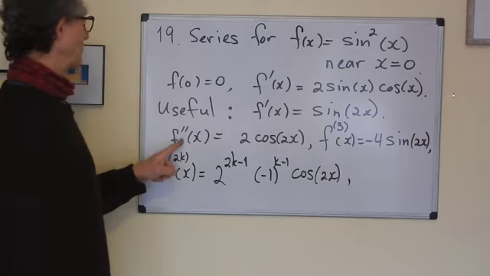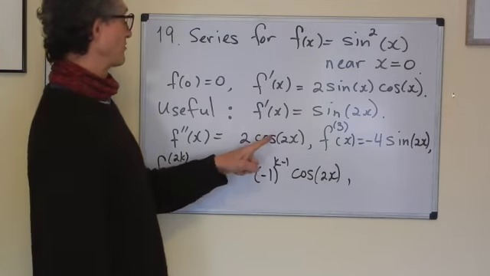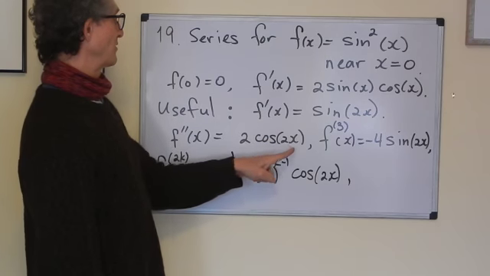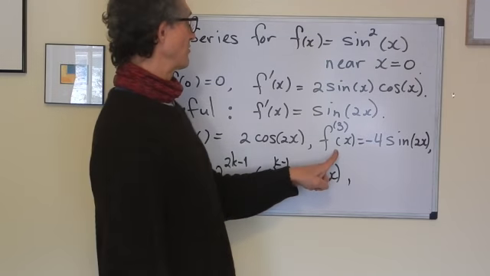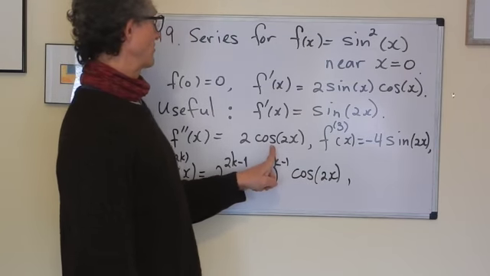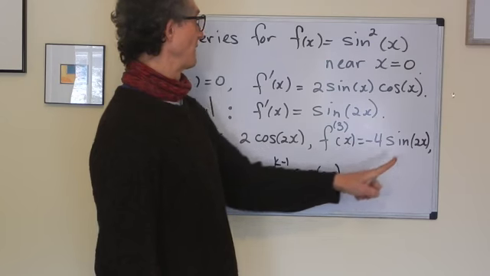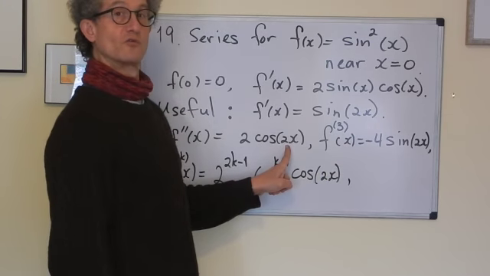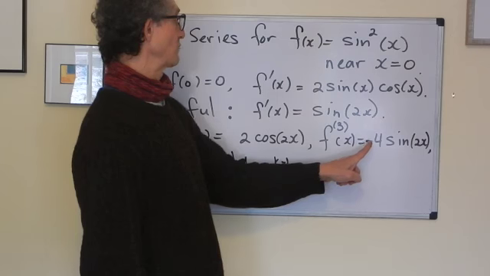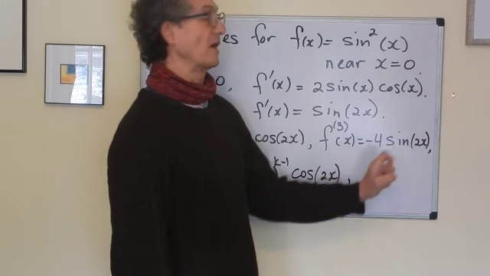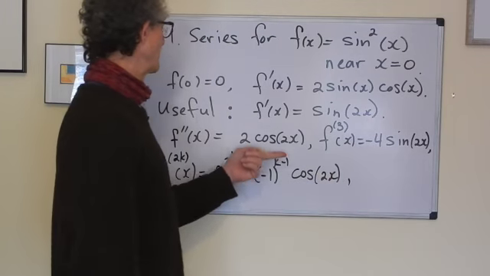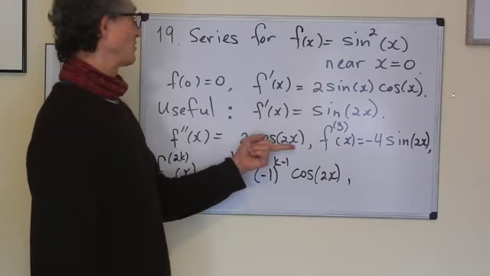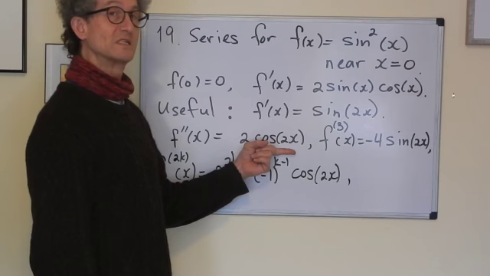So here we go, the second derivative. The derivative of sine is cosine, and the derivative of 2x with respect to x is 2. The third derivative, we're going to have the derivative of cosine, which is minus sine, and then another factor of 2 from the 2x being differentiated. We wind up with minus 4 sine 2x. I think we're ready to look at a pattern here because we know that every time that cosine is differentiated twice, we're going to get cosine again.